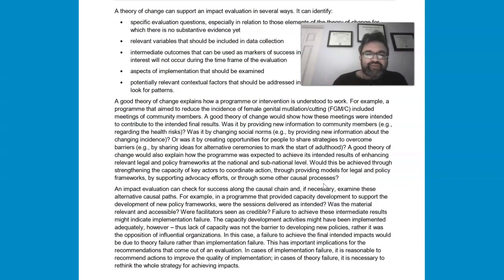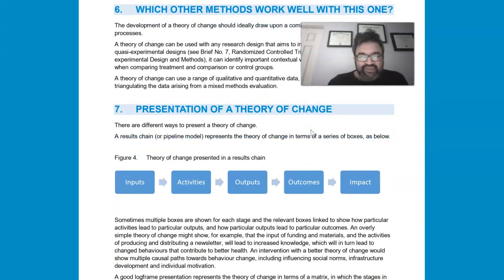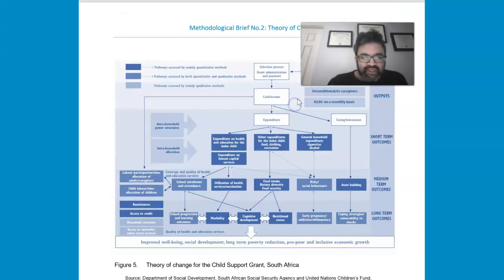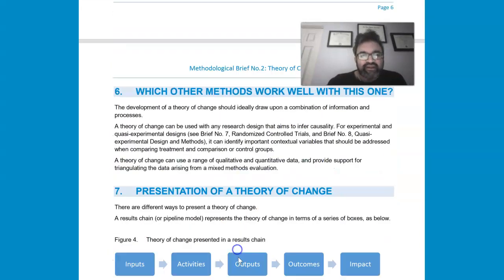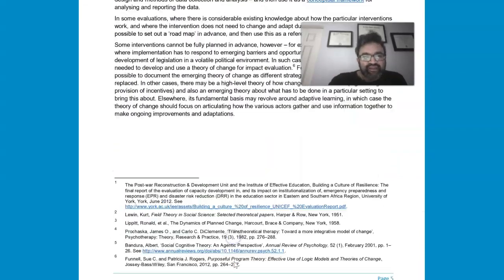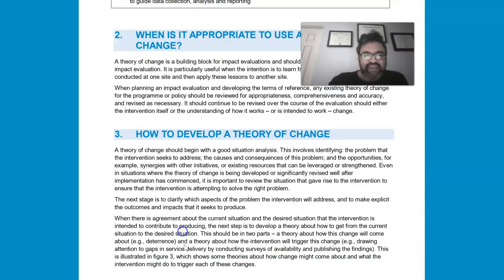So there is an example for female genital mutilation and cutting where this was actually applied successfully. And we can kind of see where this was applied diagrammatically, and this provides some examples of this.